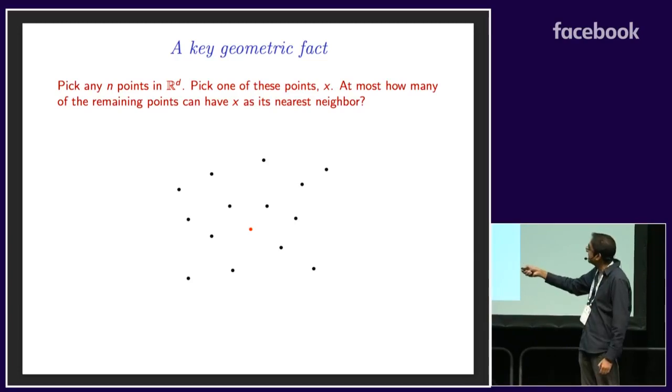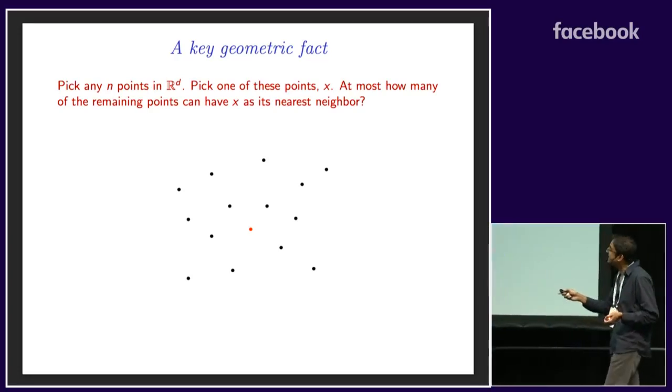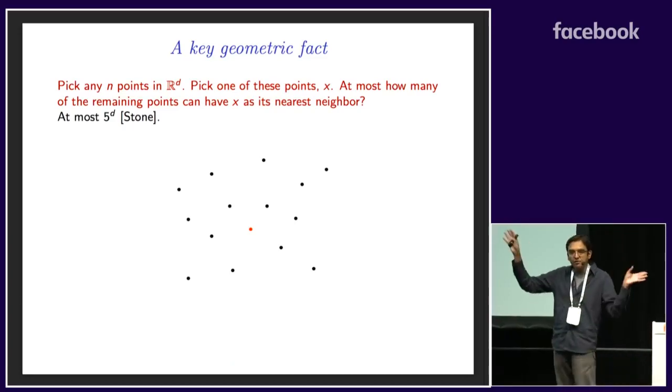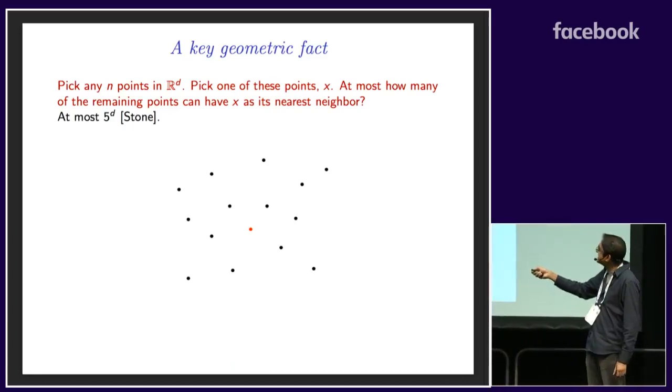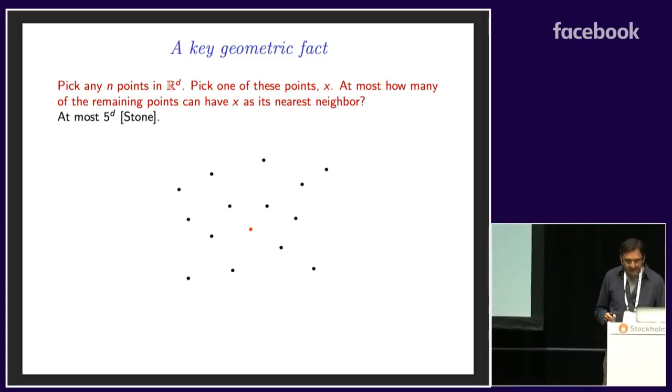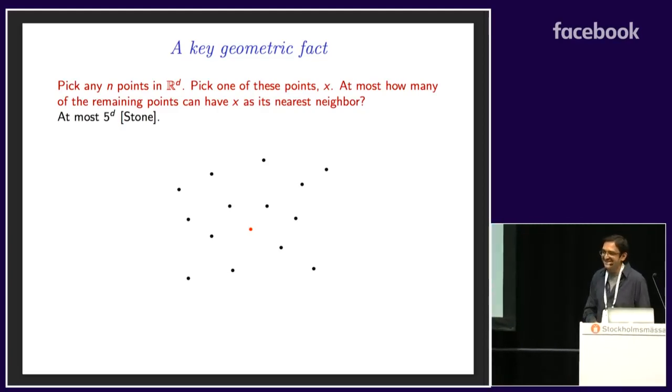You choose any one of them, and for how many of these points can this particular point be the nearest neighbor? And it turns out that the answer is a constant number. No matter how large n is, any one point can be the nearest neighbor of at most a constant number of points. Okay? And I'll just briefly explain why this is the case.